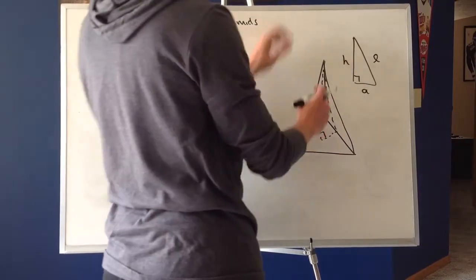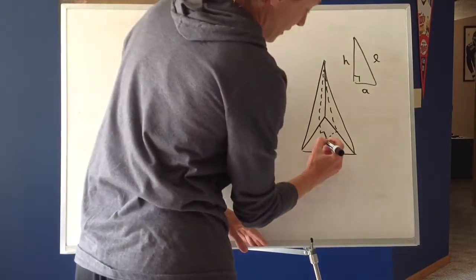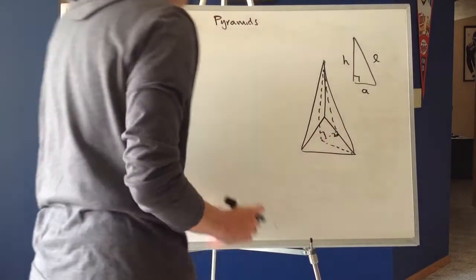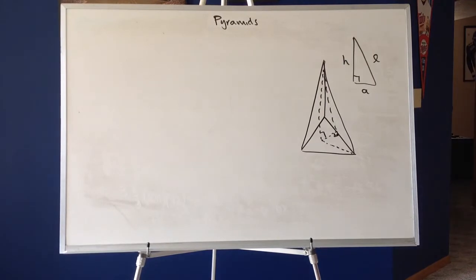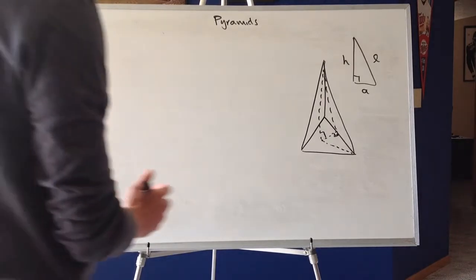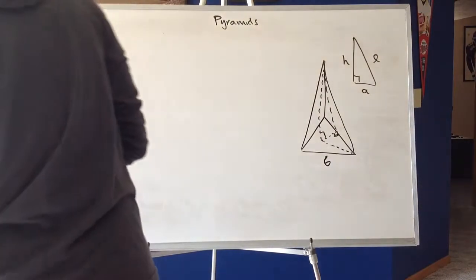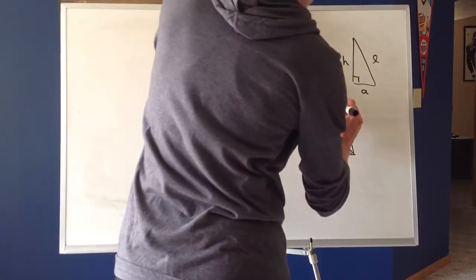Some kids find that helpful because it gets a little messy in here. And then that's the other triangle that we'll have to use. For this one, it tells you that you have a side that's 6 feet, and it tells me my slant height is 8 feet.